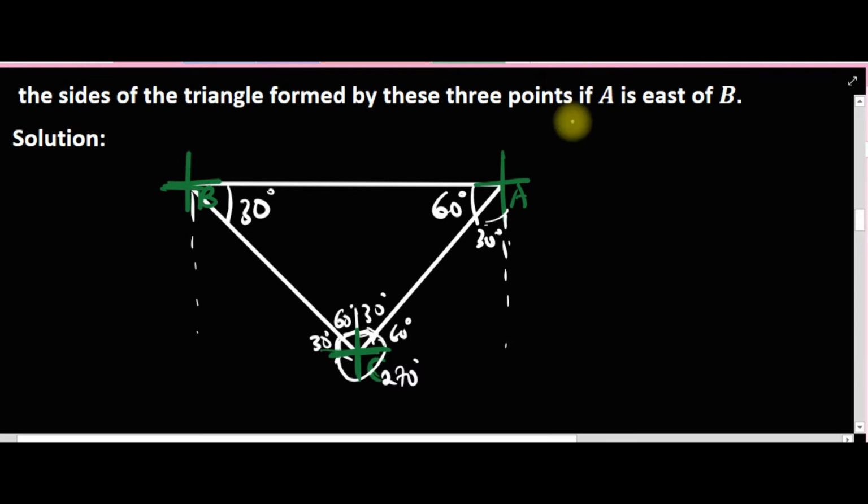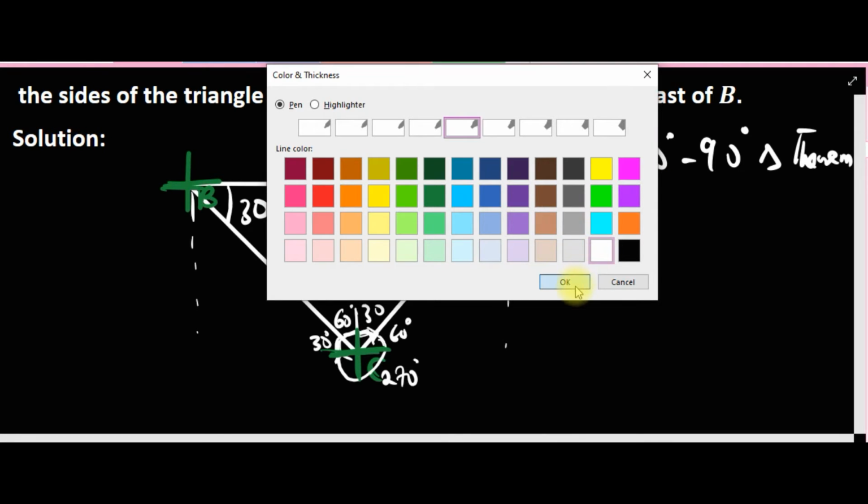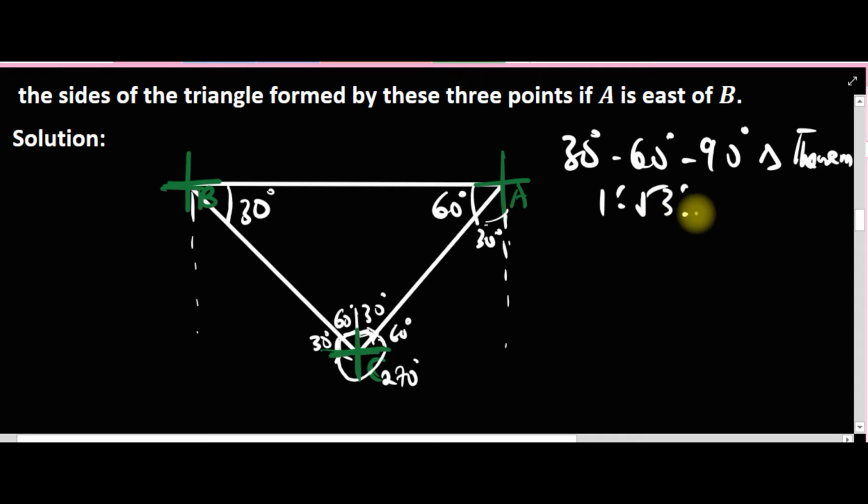And from our 30, 60, 90 triangle theorem, the ratio of the sides of any 30, 60, 90 triangle is 1 is to root 3 is to 2.